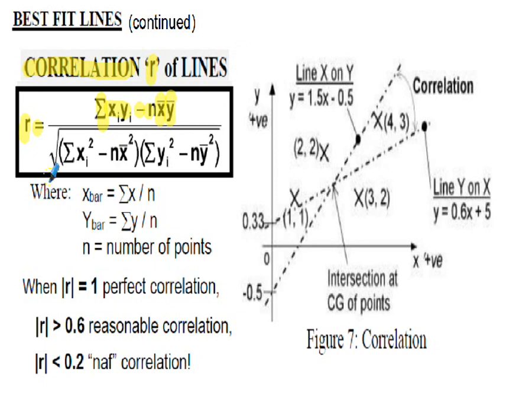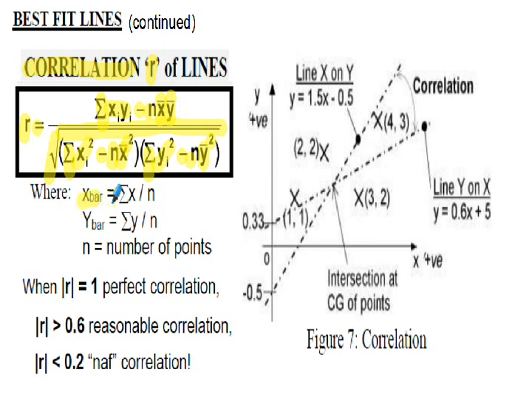In the denominator, we've got the square root of two brackets: summation of the x squared values, take away n times the x bar value squared, and in the next bracket, summation of the y squared values, take away n times the y bar squared. Note that the square root is across the entire denominator.